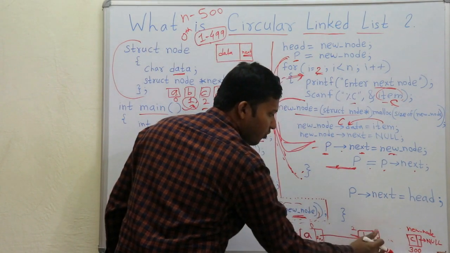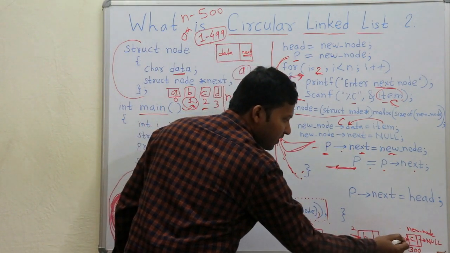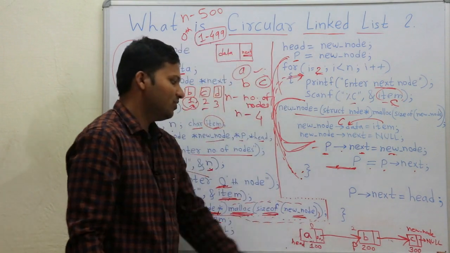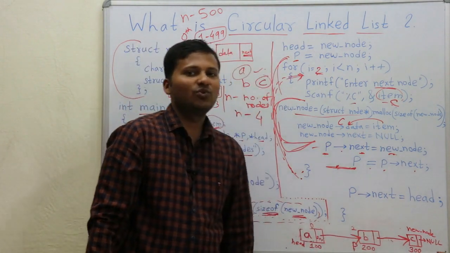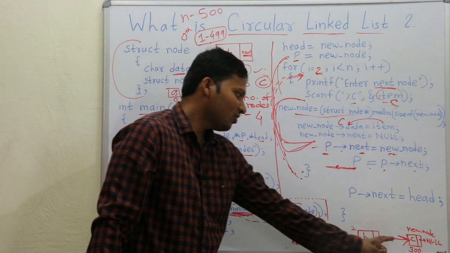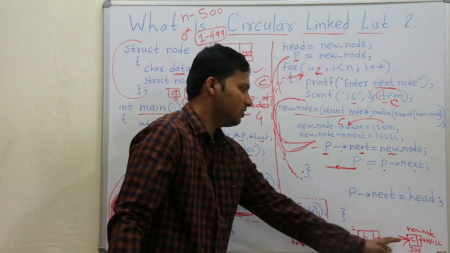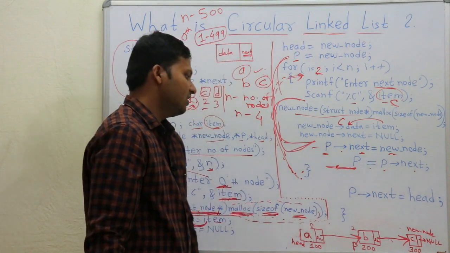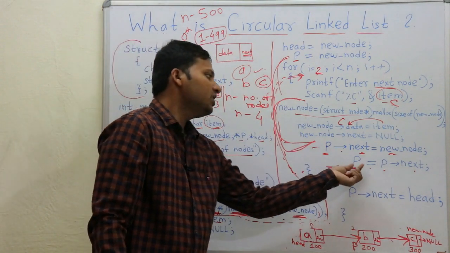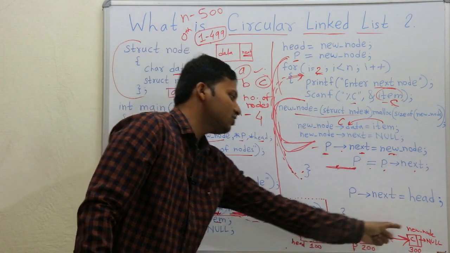Means the next pointer of P will not be null now. It will point to the new node. So this will hold the address of the next node, that is 300, right? And P will move to the next node.